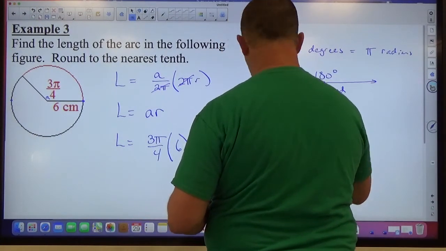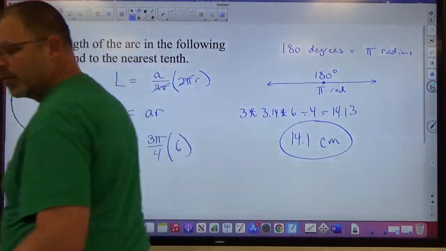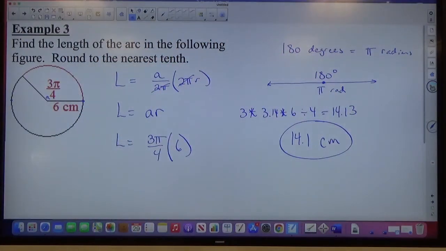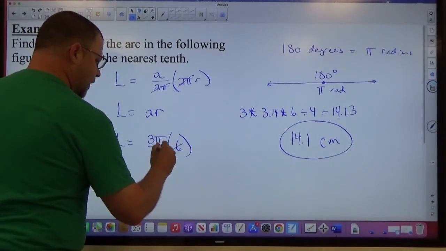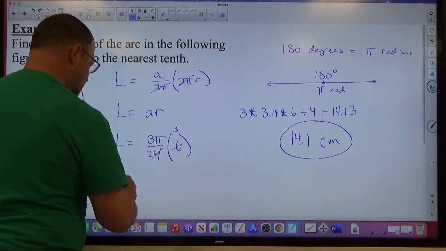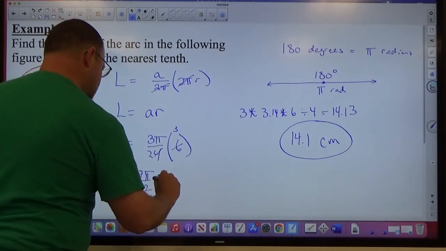That's going to be centimeters. And arc length, if they go to the trouble of giving you a unit, put the unit on your answer. If they said leave the answer in terms of pi, notice we're almost there right now. If I just chop the 6 and the 4 down to a 3 and a 2 before I multiply, I get 9 pi over 2 centimeters.